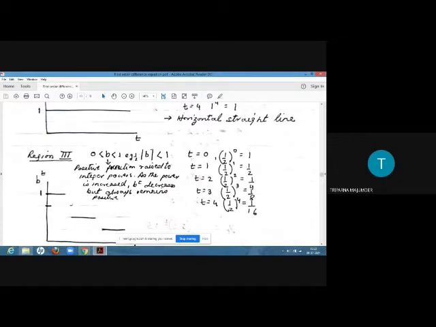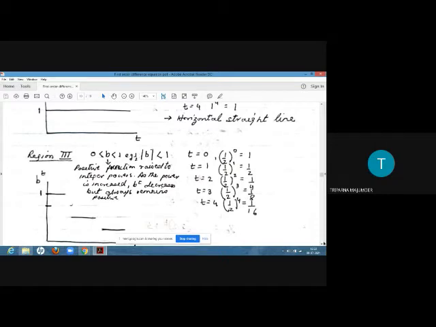So we are taking b to be half. When t is equal to 0, the value of b to the power t is equal to 1. When t is equal to 1, the value of b to the power t is equal to half.